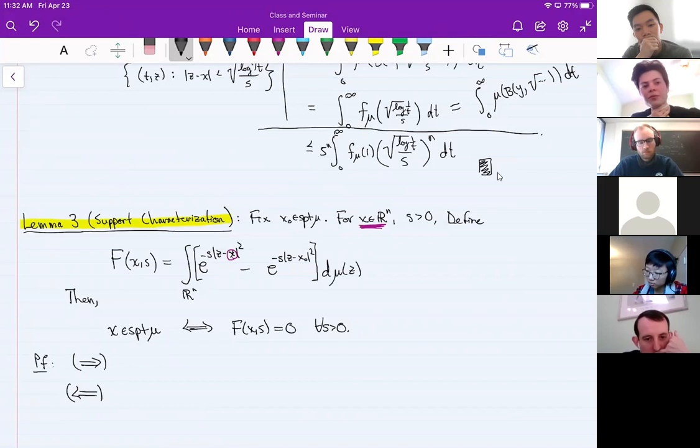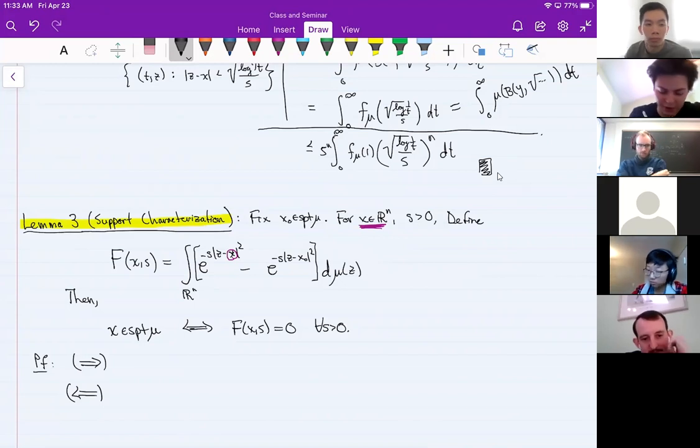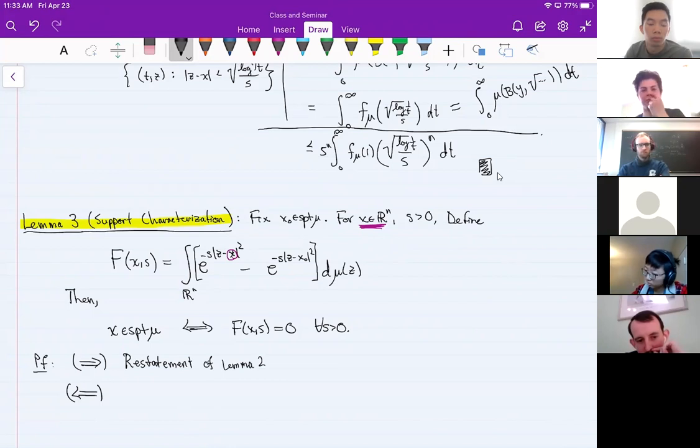Okay, so for the proof, in the first direction, I'm assuming that x is a point in the support. I want to show this thing is 0 for all values s. Well, this is really just a restatement of Lemma 2. That was where we showed that the two integrals, taking the difference of them, were equal to one another, which means that it's 0 for all s.